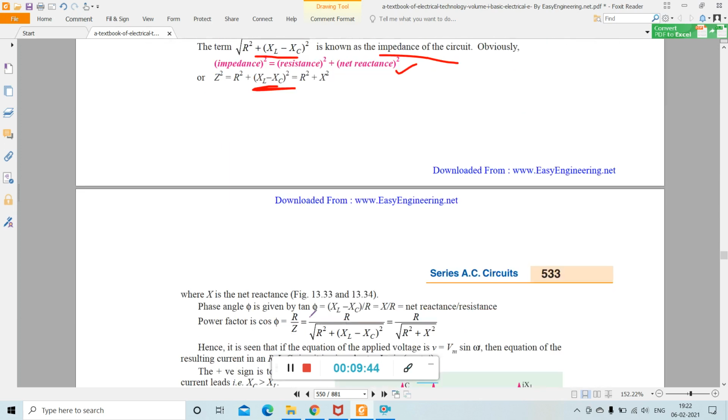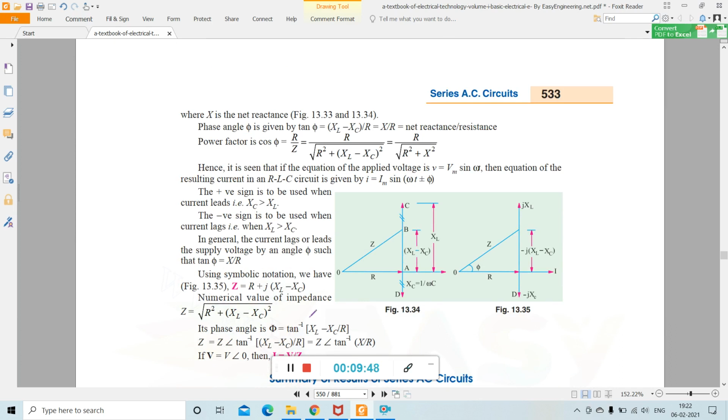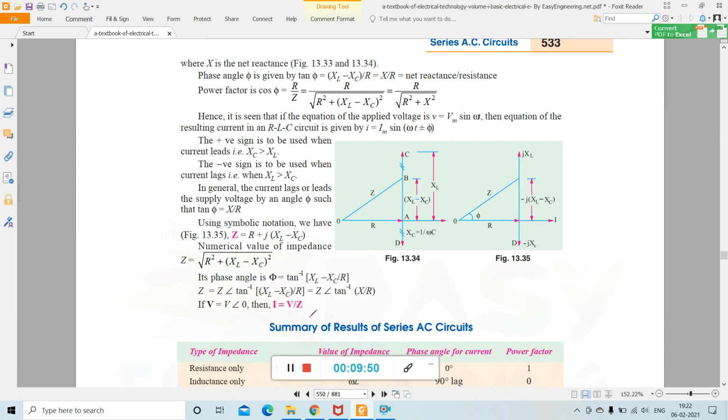Clear? So where X is the net reactance. Okay, so see what happens here. The phase angle phi can be found from the voltage triangle, from which we can draw this impedance triangle.